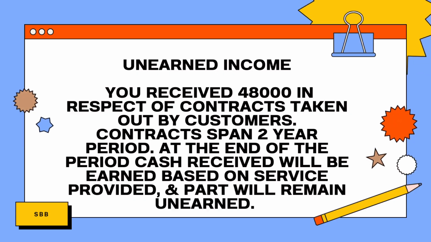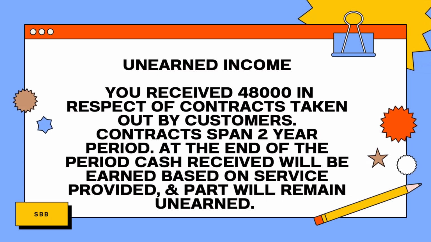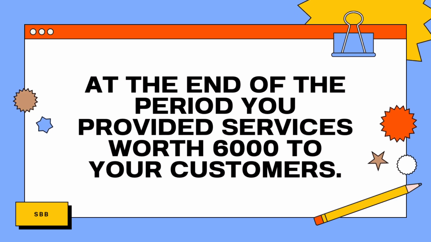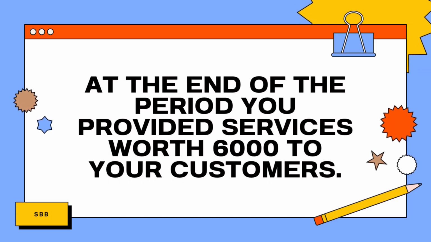At the end of the period, cash received will be earned based on the service provided, and part will remain unearned. So at the end of the period, you provided services worth 6,000 to your customers.